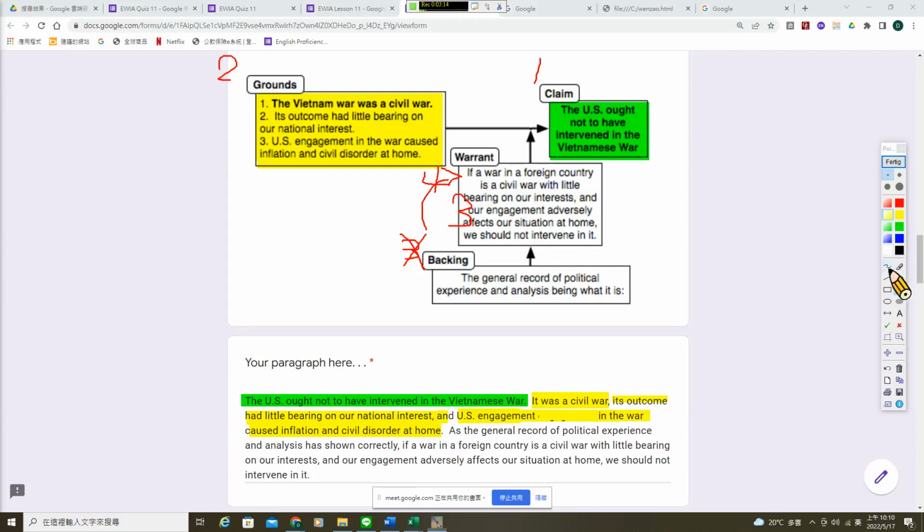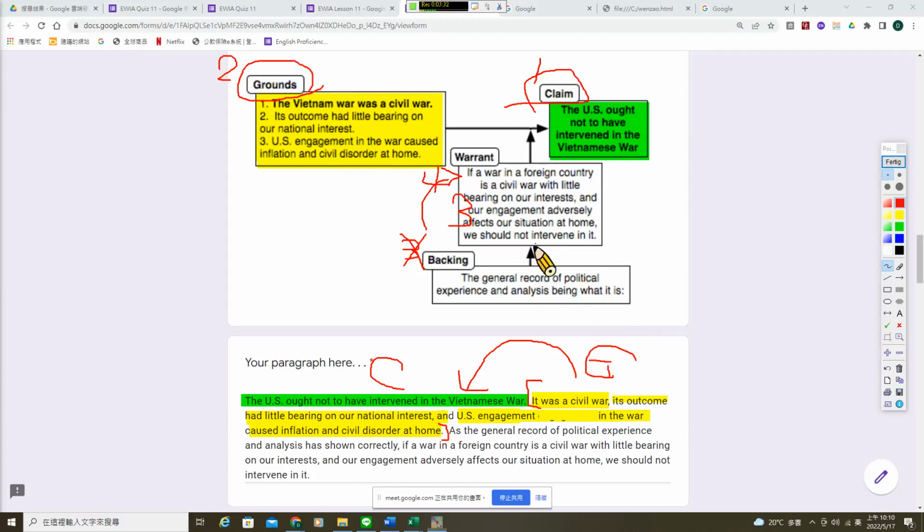So this is our grounds to support the claim. This is the claim, and this is the grounds, just like this one, claim and the grounds.